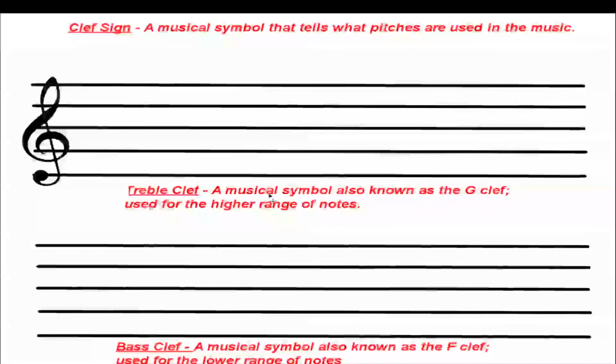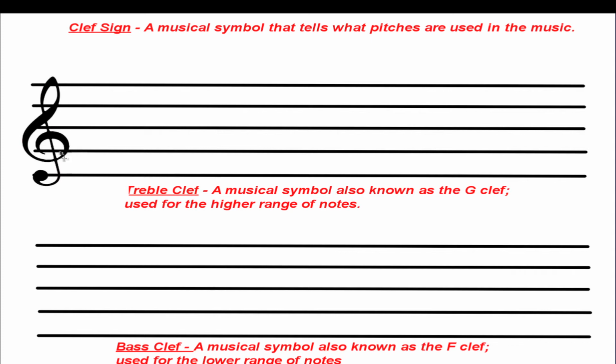And a treble clef is a musical symbol also known as the G clef. And the treble clef is used for a higher range of notes. So if you think about a female singer or a trumpet or a flute, anything that's a higher sounding instrument or singer would be singing in the treble clef.